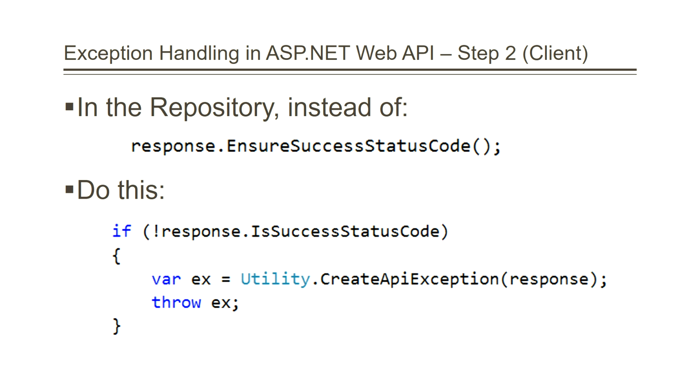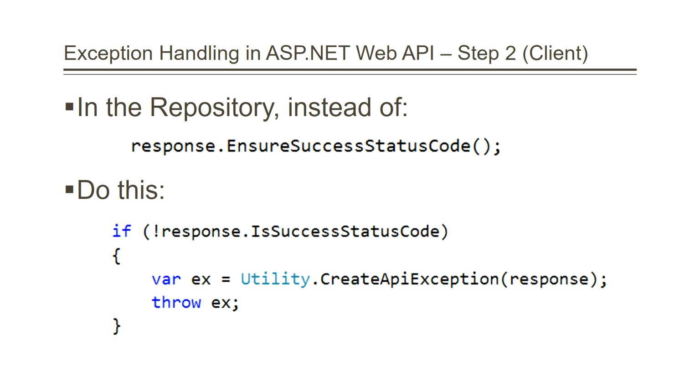I don't know what, but fortunately I have this nice create API exception utility now. So I'll pass it the response, and it can generate one of these custom exception objects for me, which I will then throw back to the calling code. Once you create those classes, it's quite simple in your actual repository.